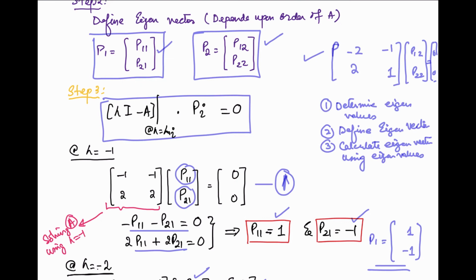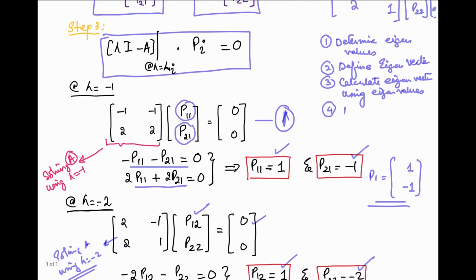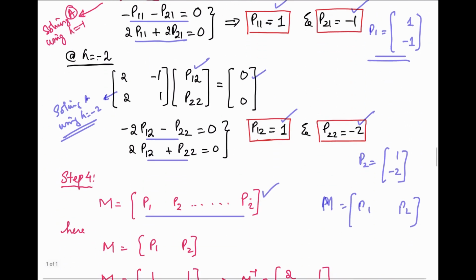Once you determine the eigenvalues, the fourth step is to find out the diagonalization matrix M. M is determined using the eigenvectors, right? So M is given by this equation.